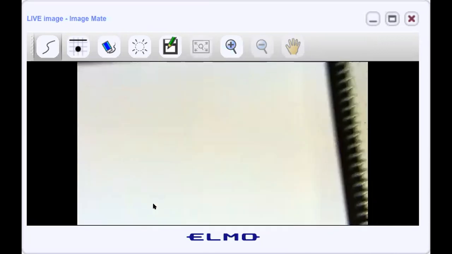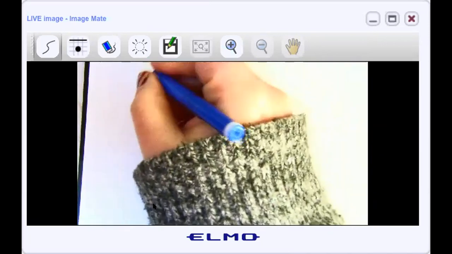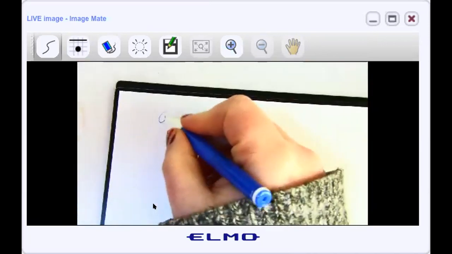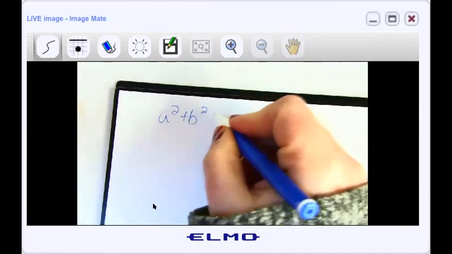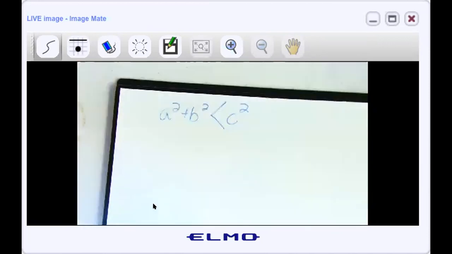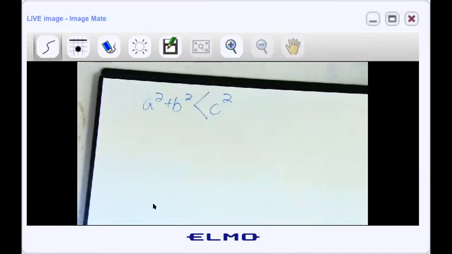So the way that I remember that this comes out as obtuse, a squared plus b squared, I think about this as having a big old c squared, right? And c is the hypotenuse.